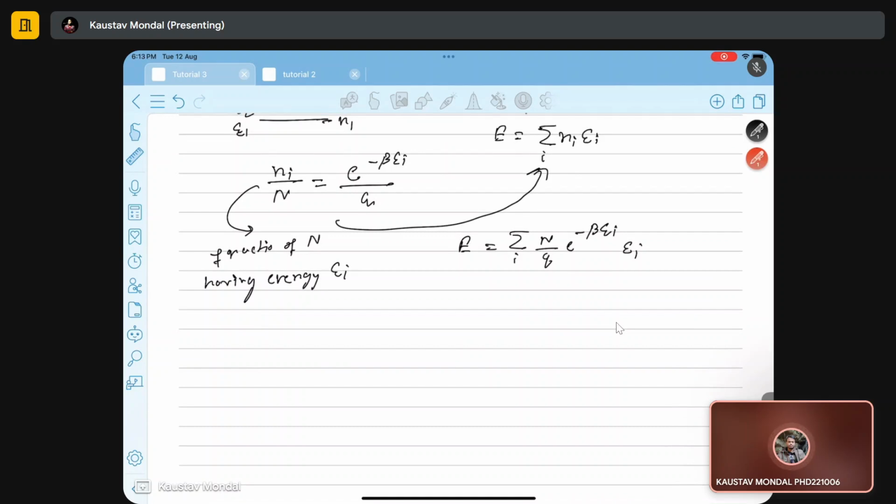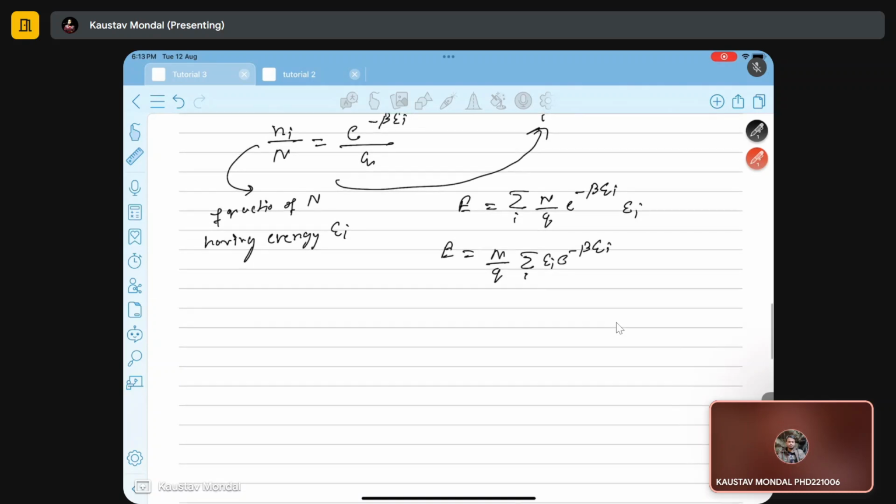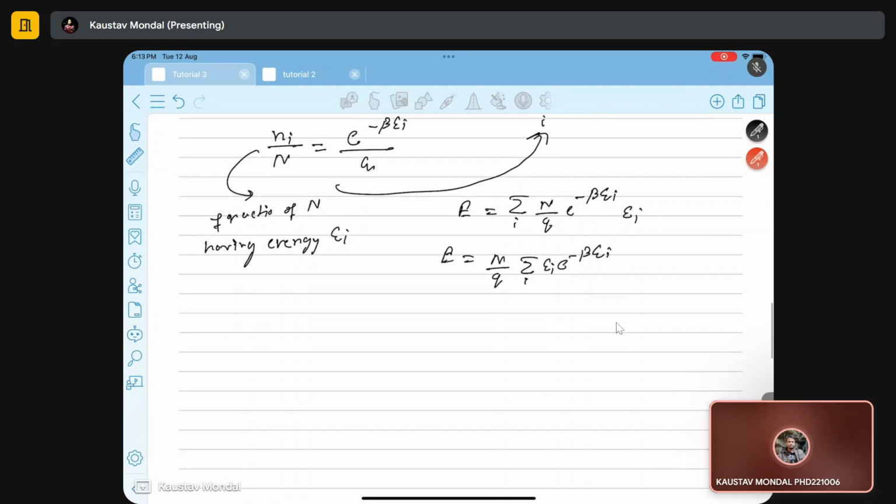Now from here you can simplify it more. We know if we take the derivative del beta of e to the power minus beta Ei, we will simply get minus Ei into e to the power minus beta Ei, right?